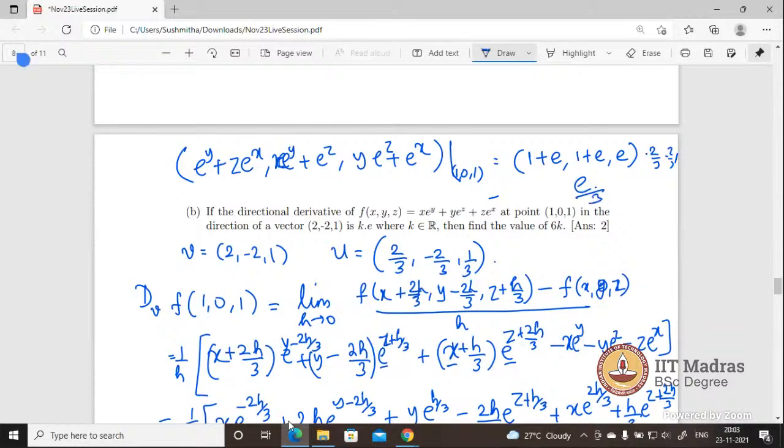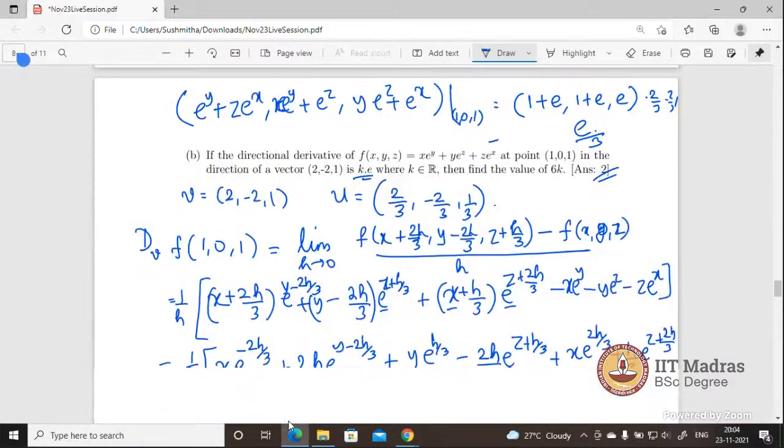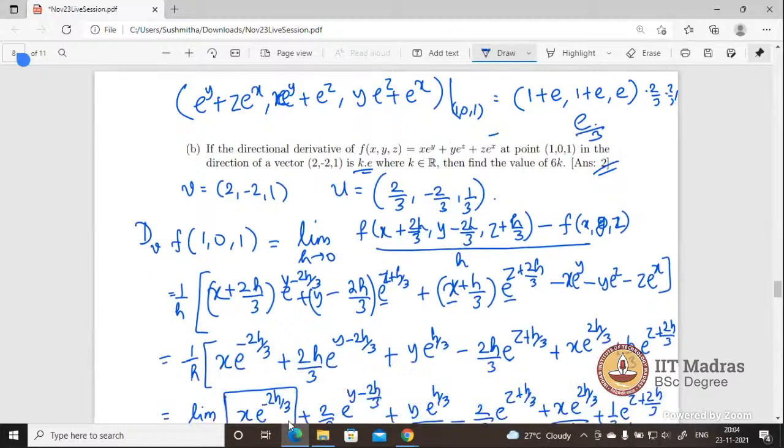So the answer is e by 3. 6 times e by 3 is 2e. Right, the answer is right. I don't know what I'm doing wrong in the limit. Yeah, I guess we should give it some time and work it out. We will probably find the error.